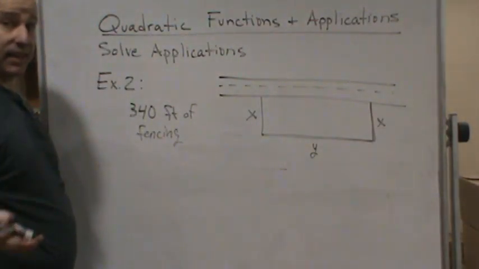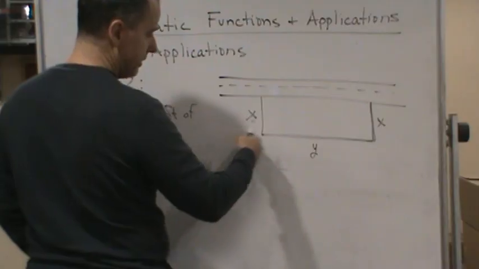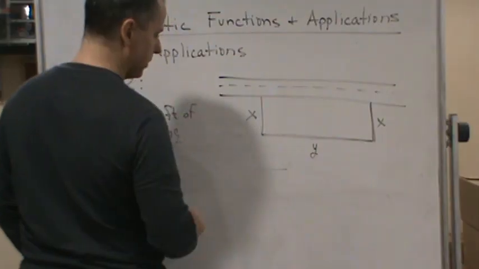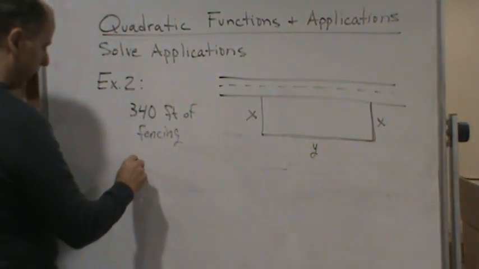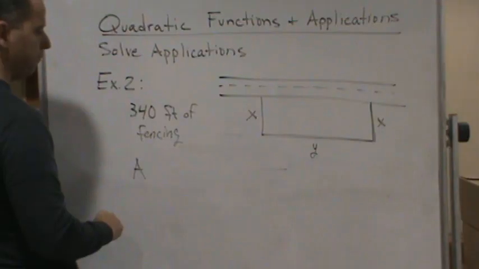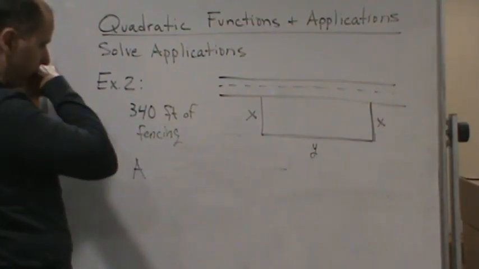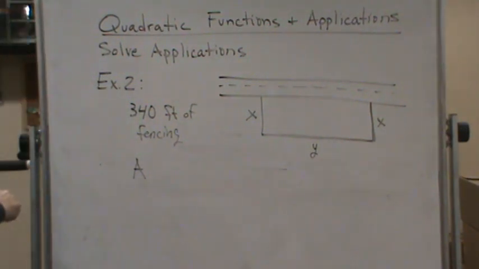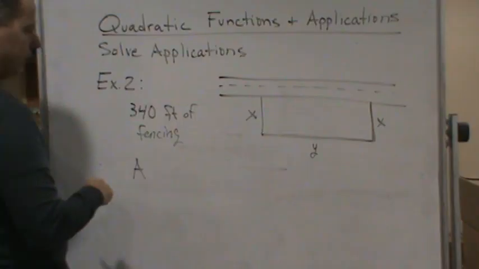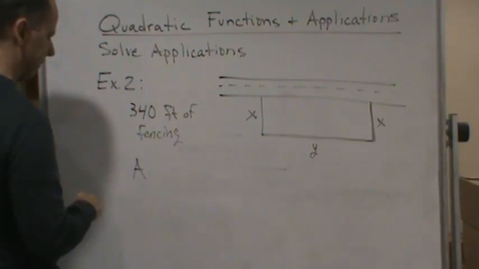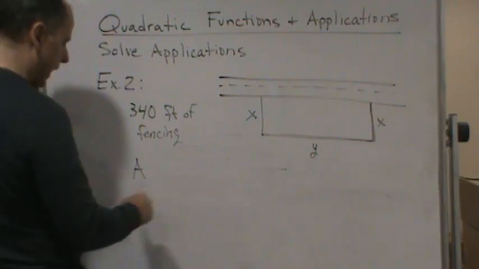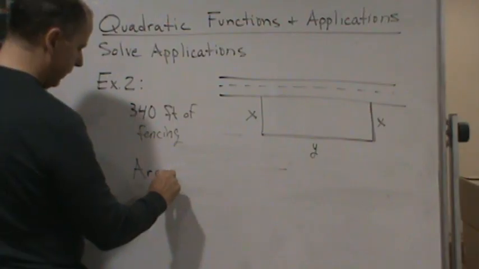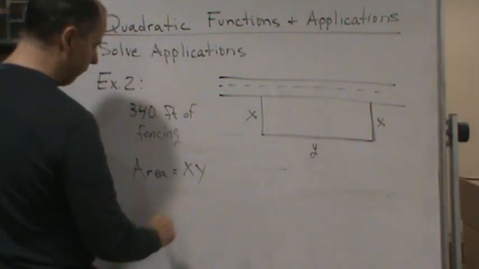Area is length times width, or base times height, however you want to look at it. We have to multiply these dimensions. So area is equal to x times y.